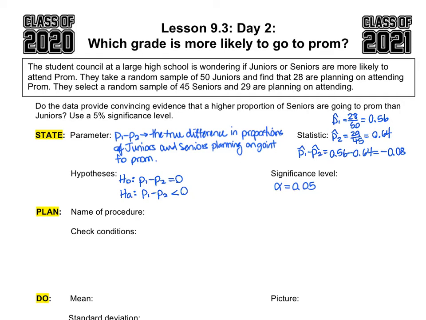Okay, in terms of the name of the procedure, this is going to be a two-sample z-test for difference in proportions, p1 minus p2.